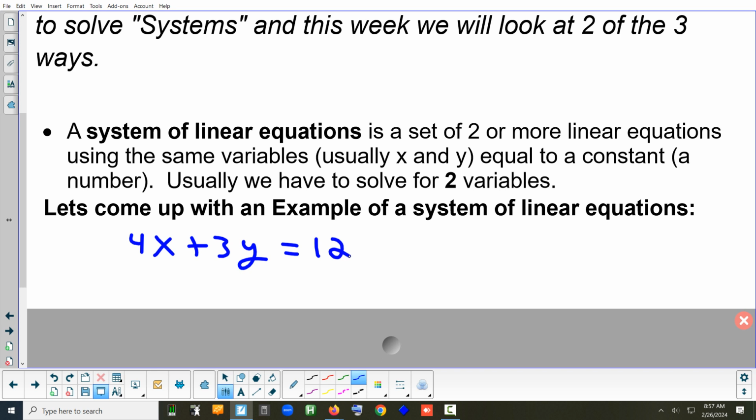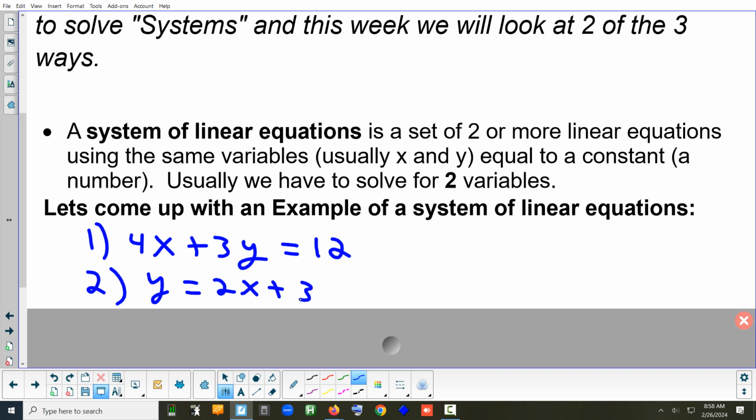All right. Now to be a system, you have to have a second. What would be another equation? Y equals 2x plus 3. Perfect. So both of those are equations with x and y. One of them has the y by itself. I like that one. That would be easy to graph. The top one doesn't have y by itself, but I could fix it.